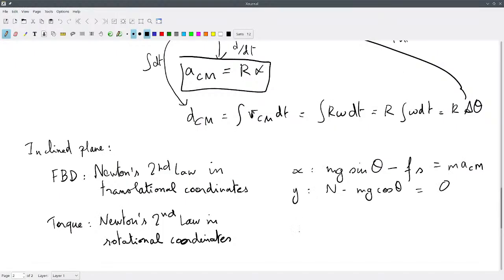So the torque is Fs times r, and that will be equal to, now it's not mass times translational acceleration, but moment of inertia around the center of mass times angular acceleration.